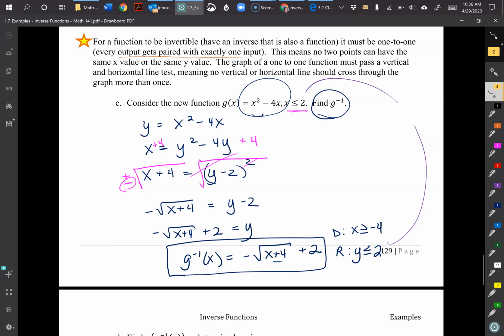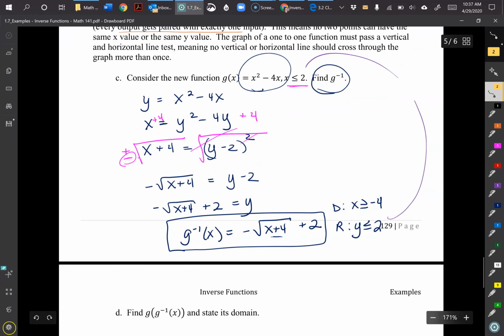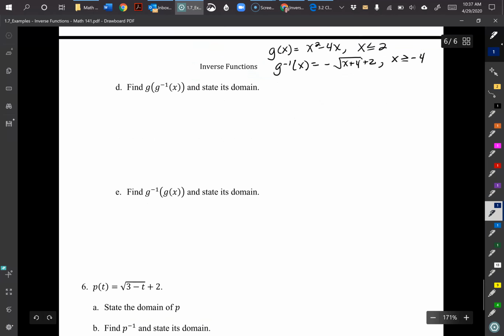We want to compose g with g inverse of x and see if we get x. And make sure you clearly mark the domain. Okay, so I rewrote that right here so we can just reference it easily. So we're going to put the inverse inside the original.